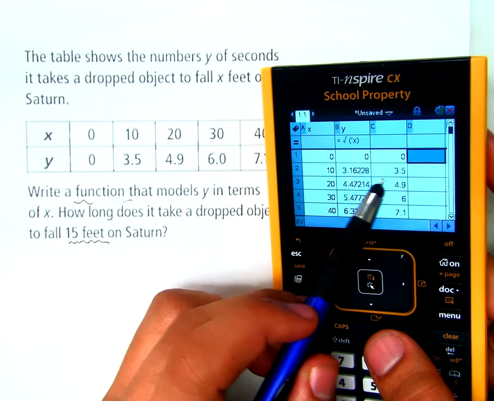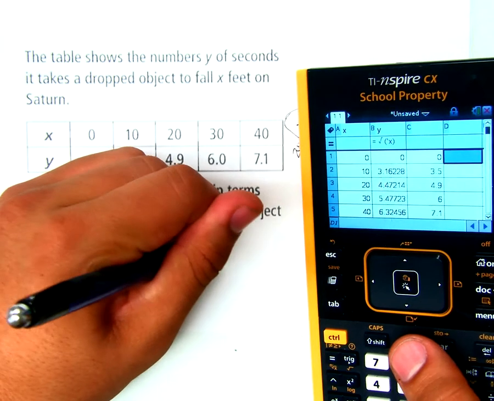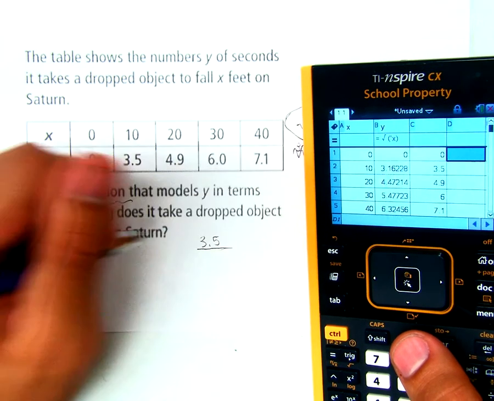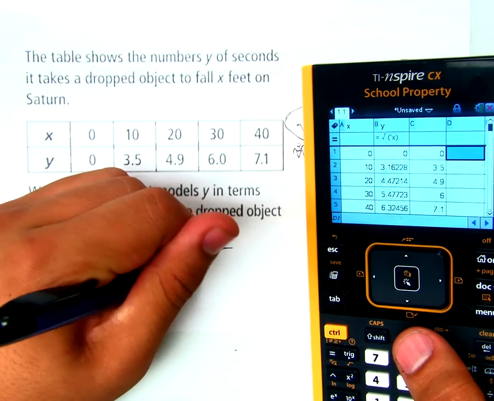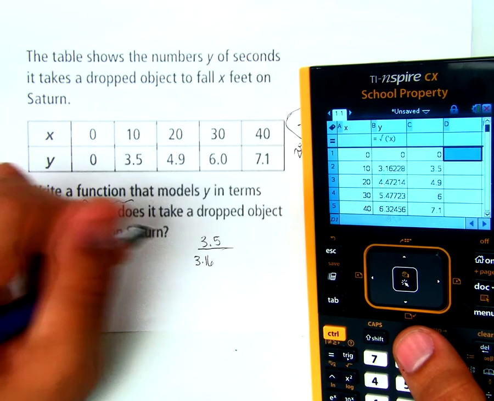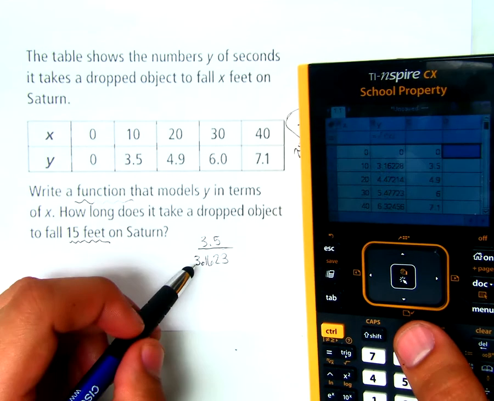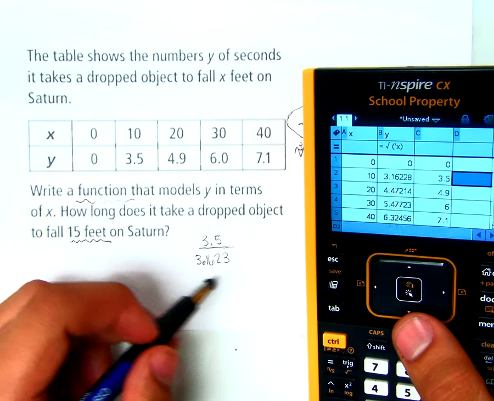To do that, we have to divide. So 3.5 divided by 3.1623. Whenever we're carrying out the operation, the division, just use 4 decimal places.